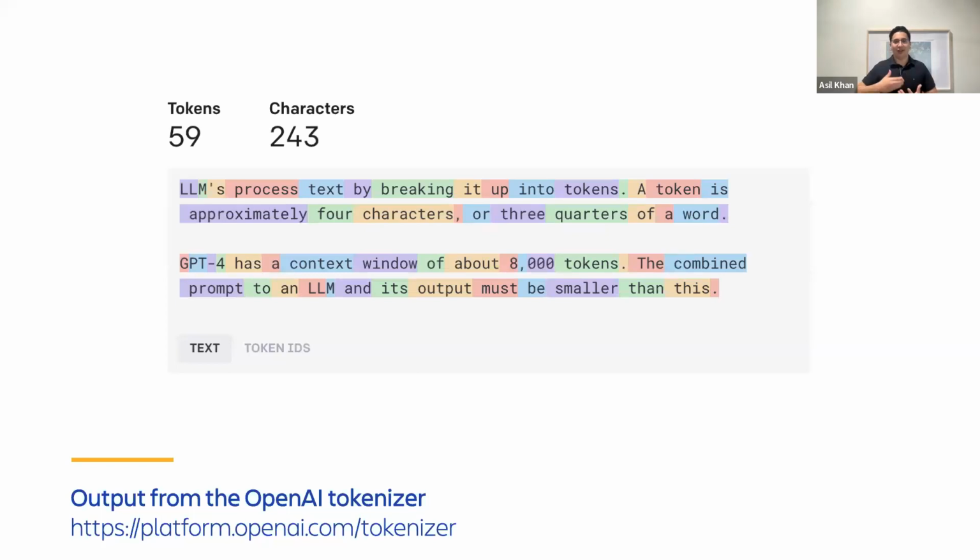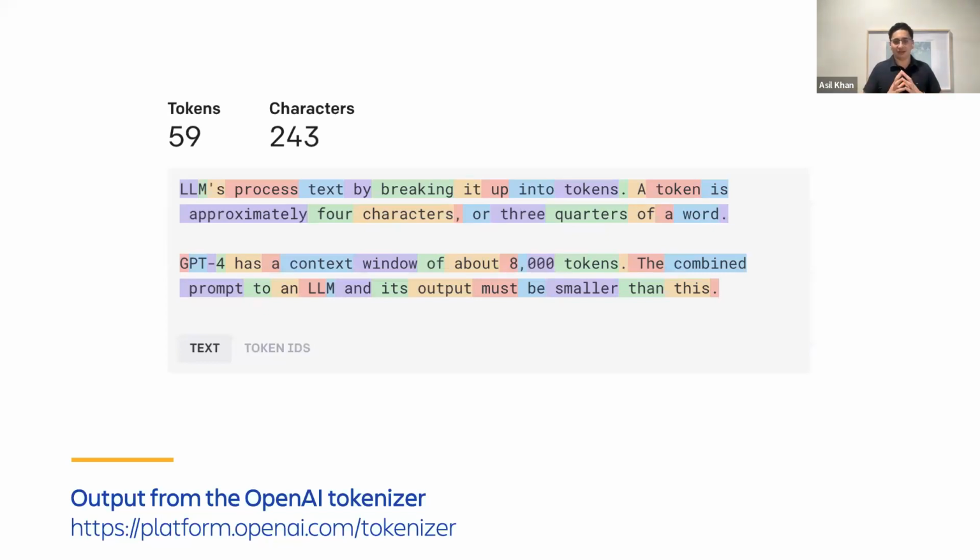LLMs also have a limit to the number of tokens they can process. ChatGPT 4, as of last week, and it may have increased now, could only handle about 8,000 tokens. That means the combined prompt to the large language model and its output should be smaller than this. Otherwise, the large language model would forget the previous context before it hit that 8,000 limit.